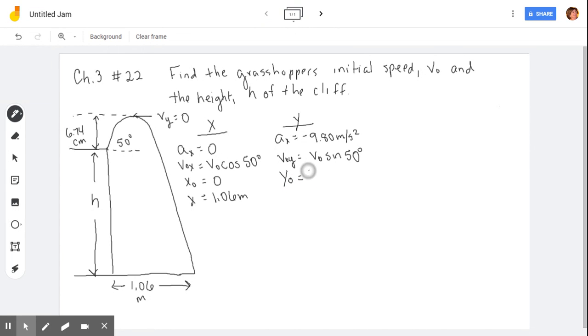That's the big question. We do know the maximum height. The maximum height was 6.74 centimeters above where we started, from here to here, or 0.0674 meters above cliff.